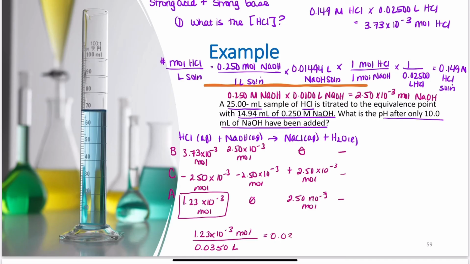That gives me a concentration of 0.0351 molar HCl, which is the same as H+. Now I can calculate pH, and I find the pH of the solution to be 1.45.